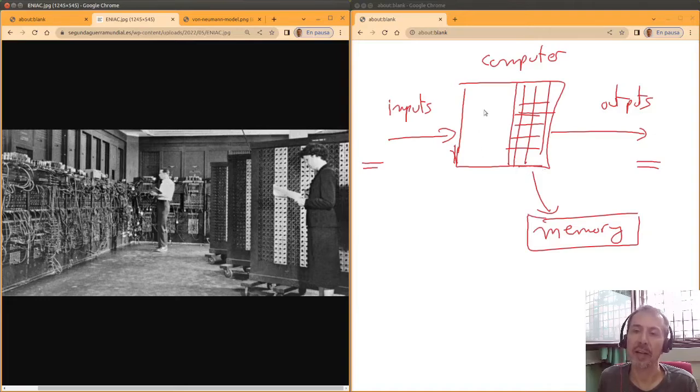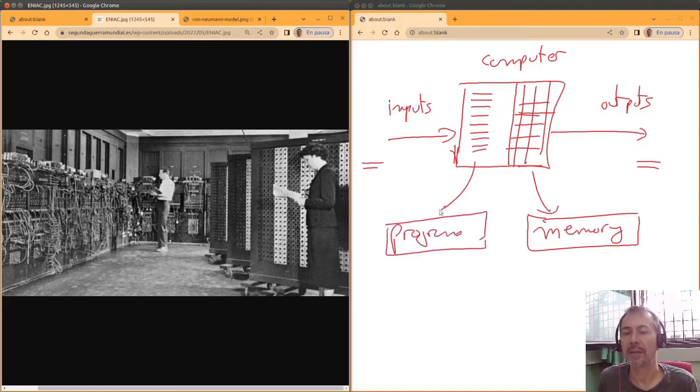And in another place, it had the program. This is what tells the computer what it must do with the inputs.